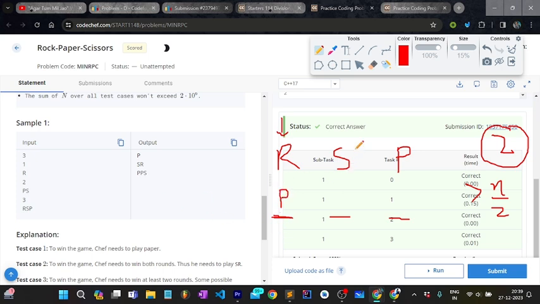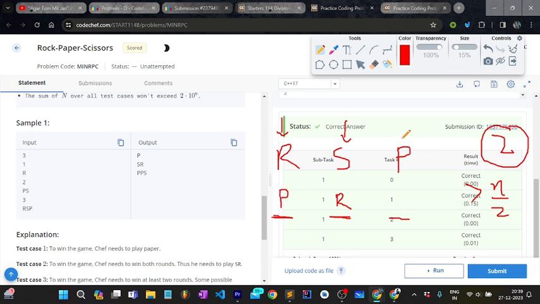Fine. And we move to the second index. Shefina has played S, meaning scissor. Then in order to win, chef has to play R, rock.